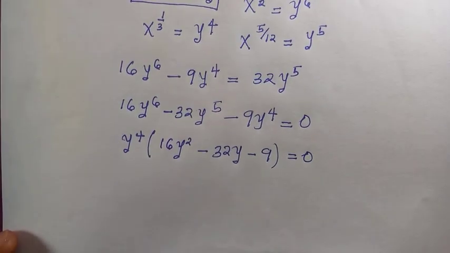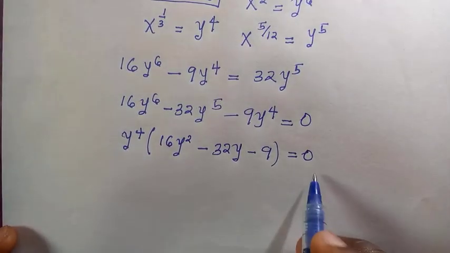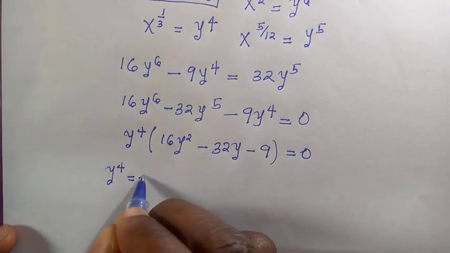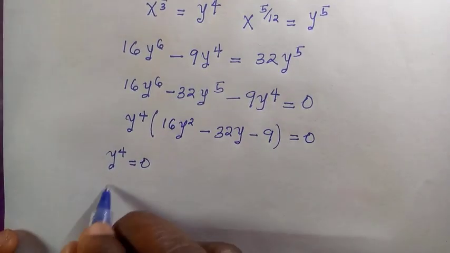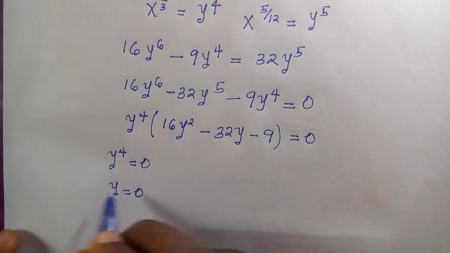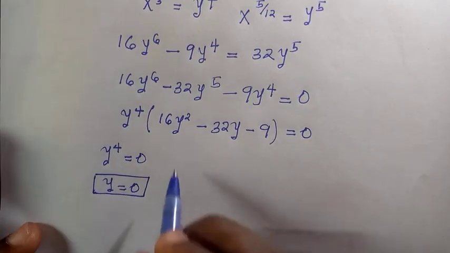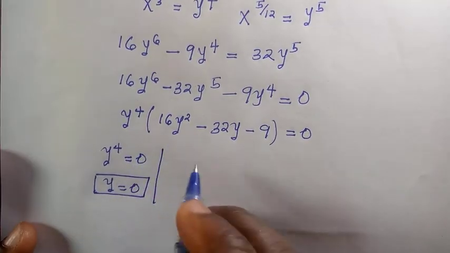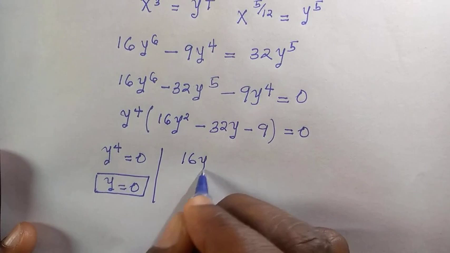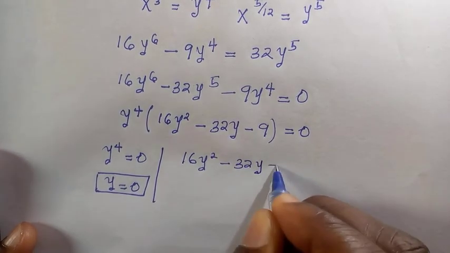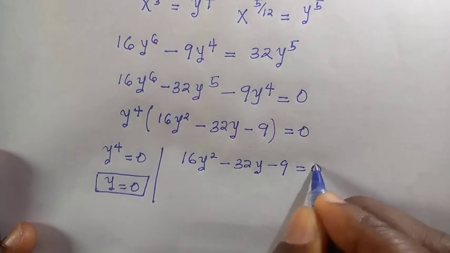And so I'm going to let y raised to the power 4 equal 0, or I let the second one. To get the value of y, we take the fourth root of both sides, then we have y equals 0. Or we can still get another root, which is 16y raised to the power of 2 minus 32y minus 9 equal to 0.